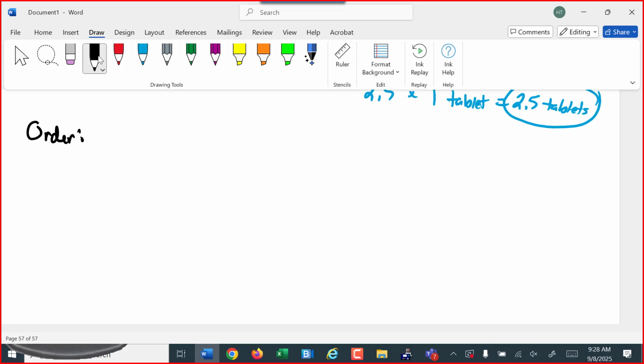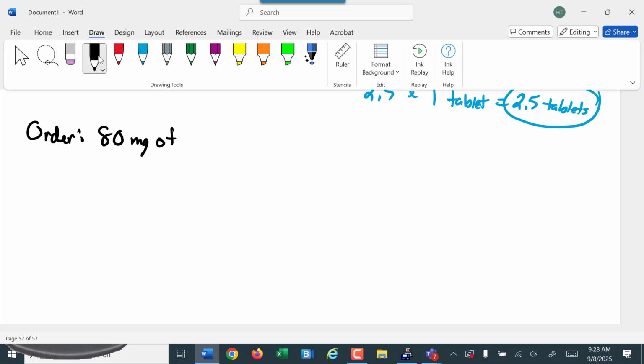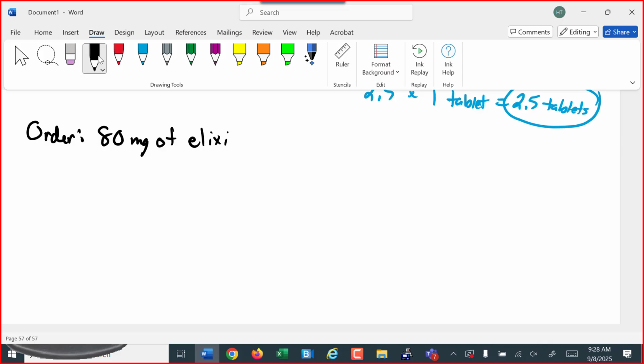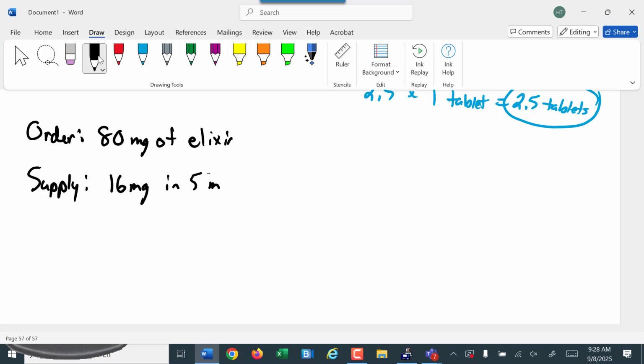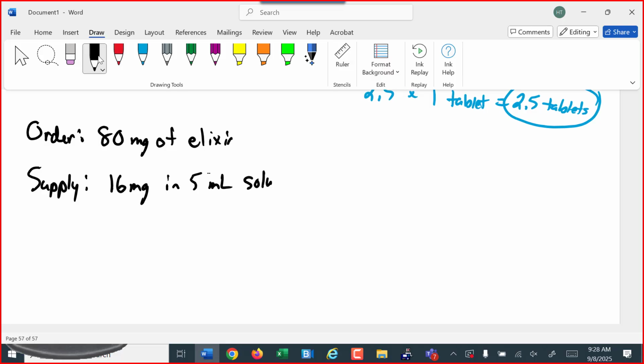So we have an order for 80 milligrams of an elixir. Our supply says that we are constituted at 16 milligrams in 5 milliliters of solution.